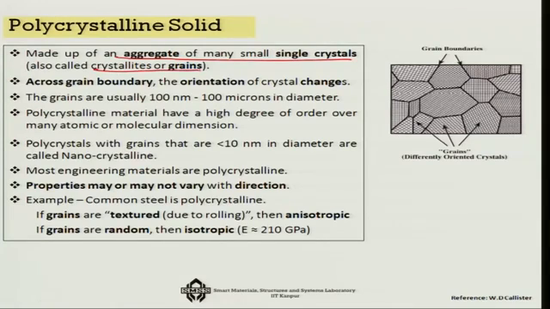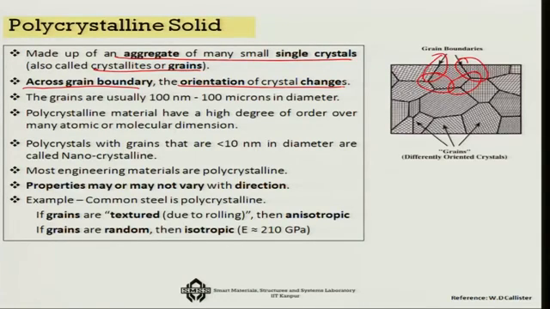If there are grains, then there will be grain boundaries, which will be responsible for the deformation behavior, the stiffness, and many other properties like the electrical properties, the resistance, etc. Everything depends on the grain structure and the grain boundary. It is at the grain boundary that the orientation of the crystal changes, because you have another crystal formation.